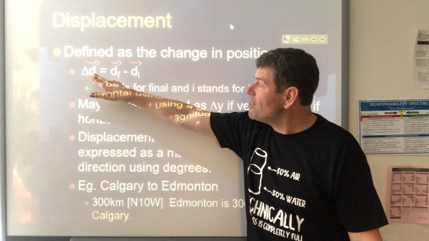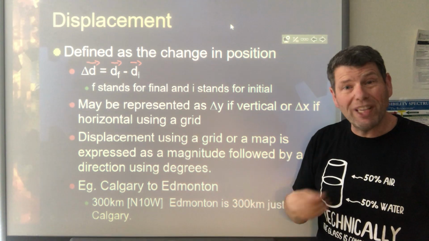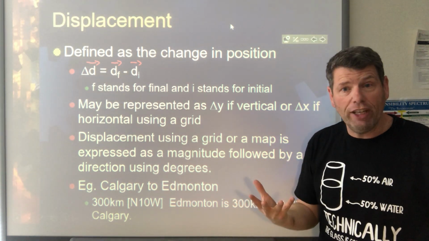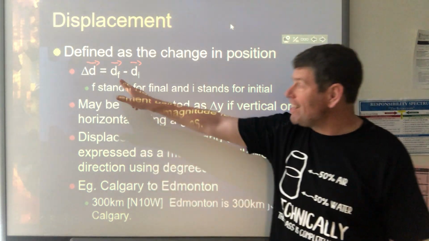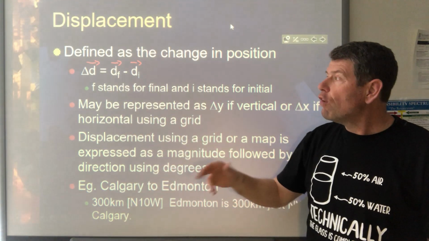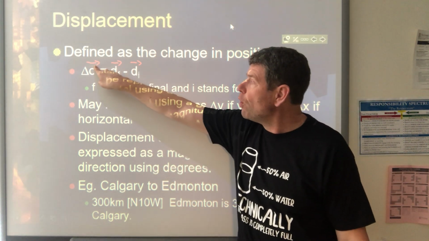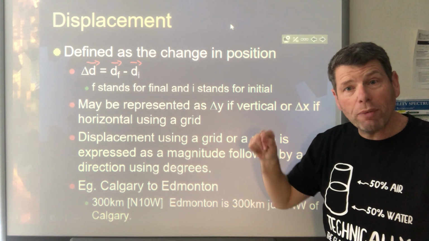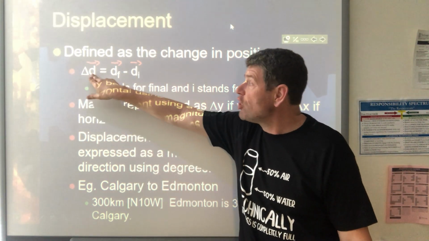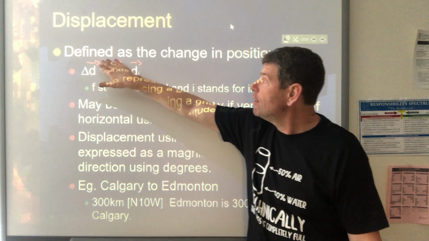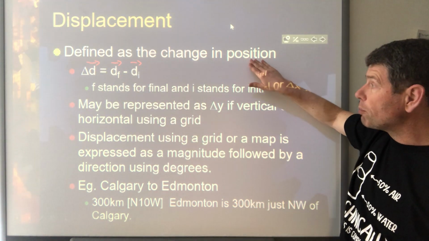We're going to use D. Sometimes if you watch videos or see other presentations, you'll see that they'll use X for position. However, in the textbook that we're using, we're going to use D as the variable for position. Notice we include our arrows on top of the variables because they're vectors. Displacement is a change in position. See, we have that as another way that we can define displacement.